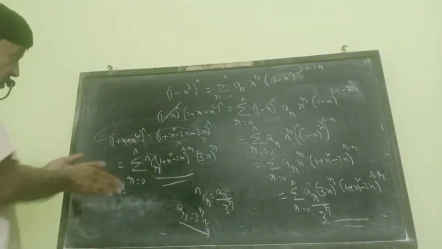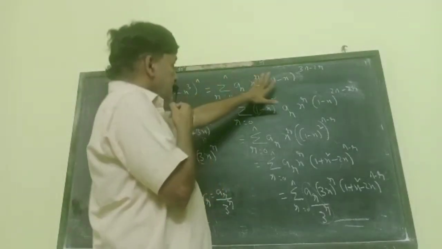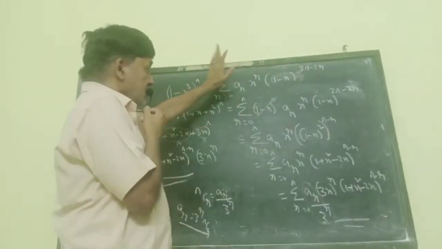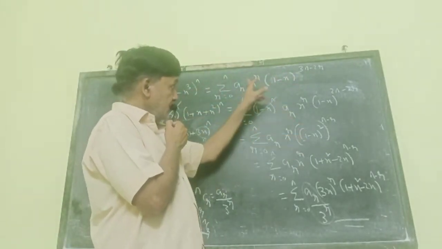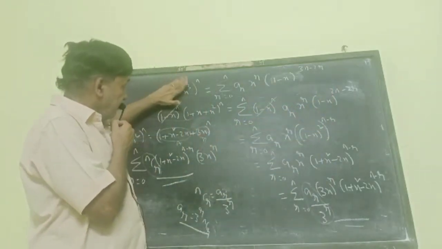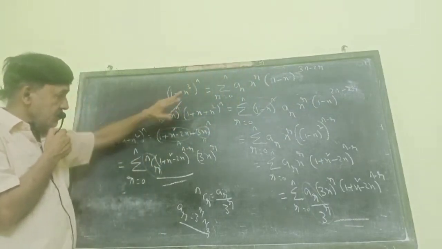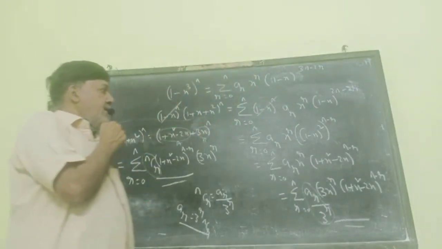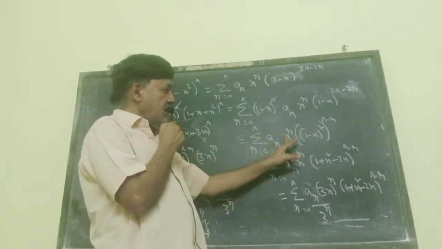So listen, what I did in this problem: 1 minus x cube whole power n is equal to this as given. This I am writing as 1 minus x whole power n into A_r x power r like this. This I am factorizing. 1 minus x whole power n, 1 minus x whole power n will cancel. Then, this you consider, x power r.